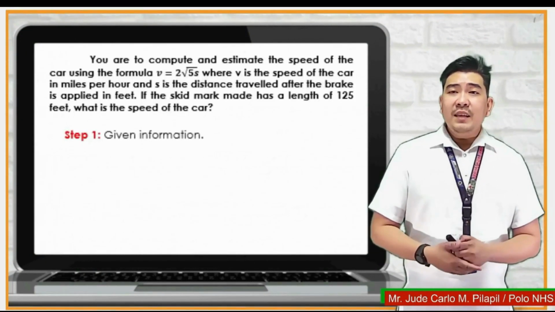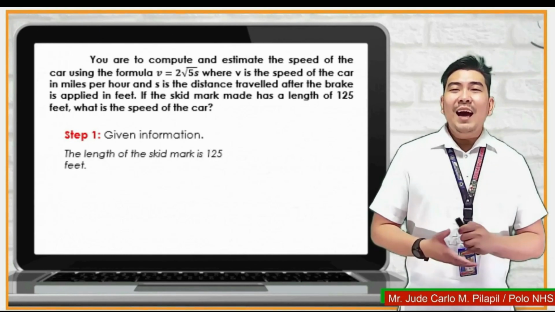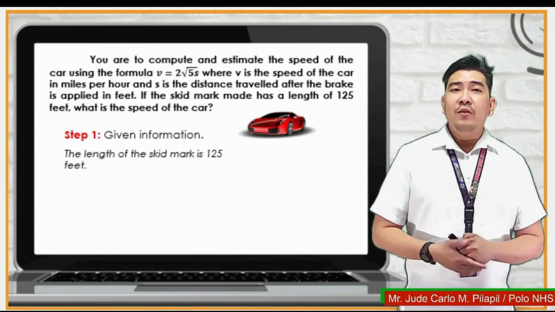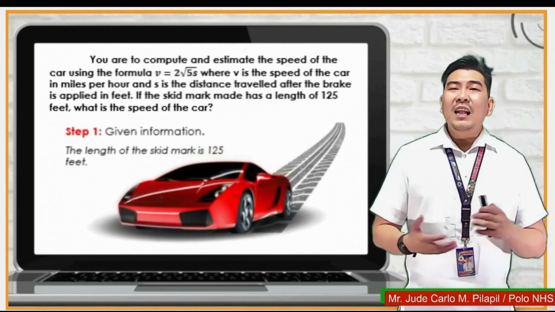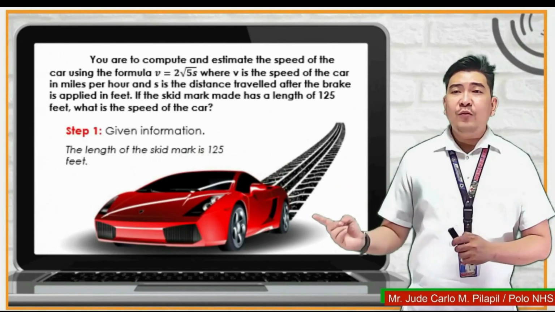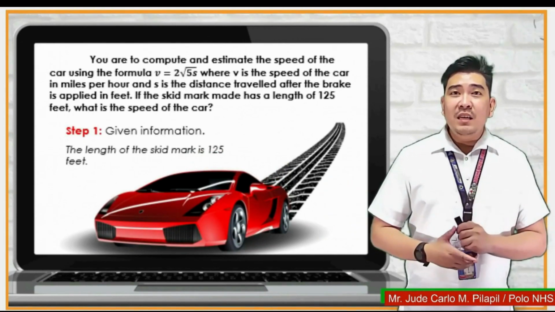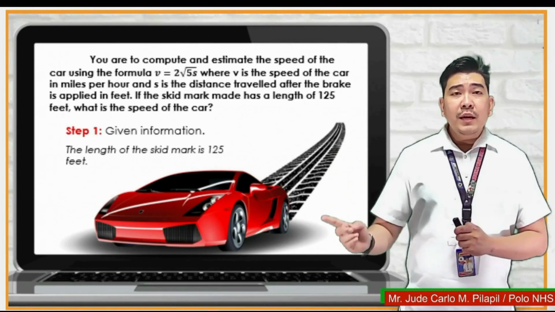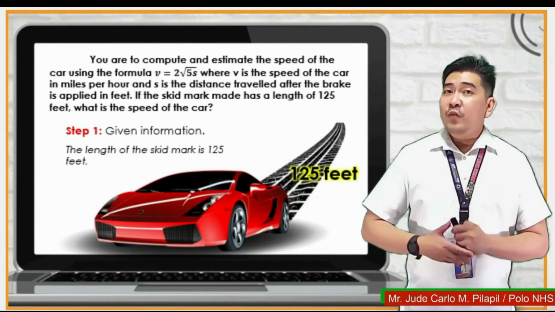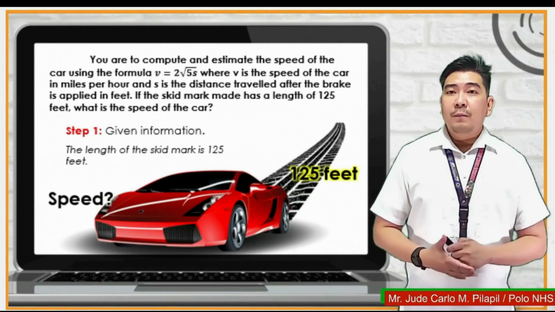It was stated that the length of the skid mark made by the car has a length 125 feet. By the way, a skid mark is a long black mark left on the road surface by the tires of the skidding vehicle. So this is our skid mark. The measure is 125 feet and we are asked to find the speed of the car.